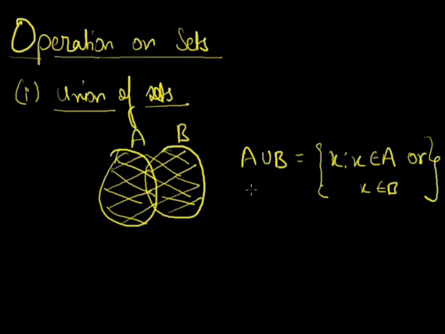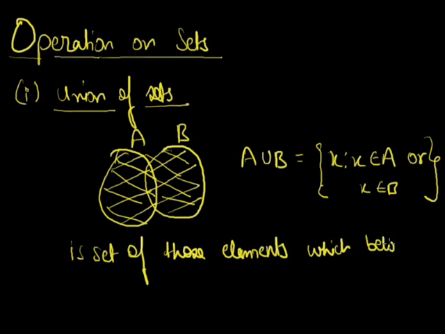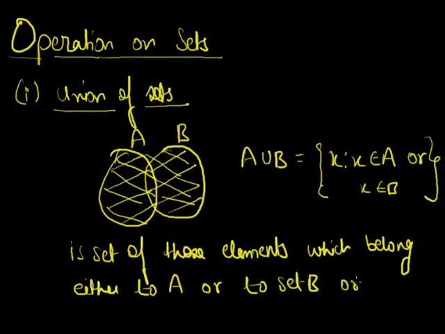So union of A and B consists of those elements X which are either in set A or in set B. That whole region, or whole number of elements, is considered to be the union of sets A and B. So union of sets A and B is the set of those elements which belong either to set A or to set B or both.